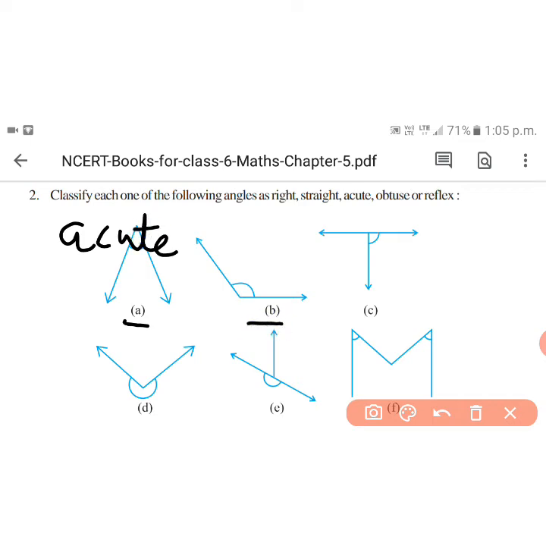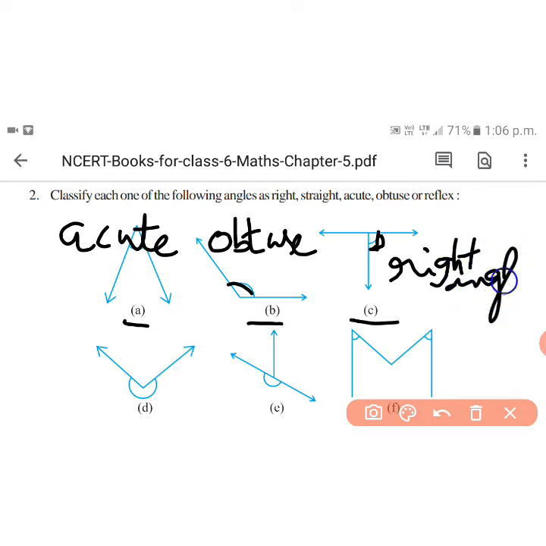This angle is greater than right angle. So this is obtuse angle. C part. This is right angle.